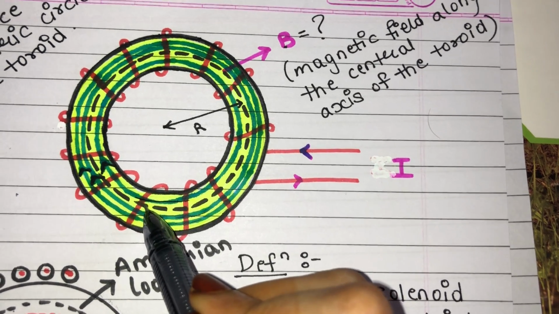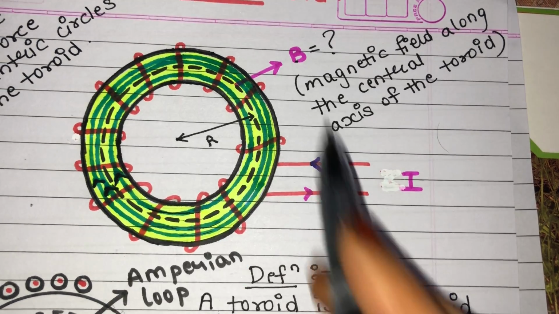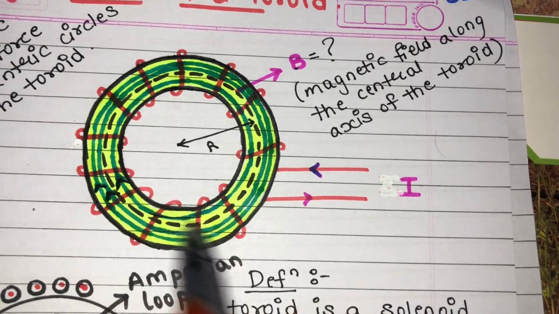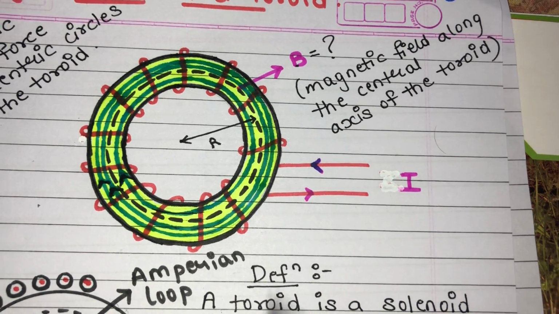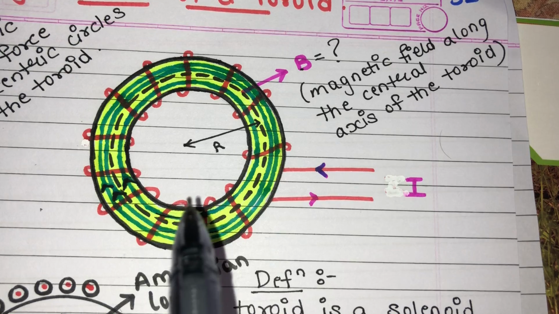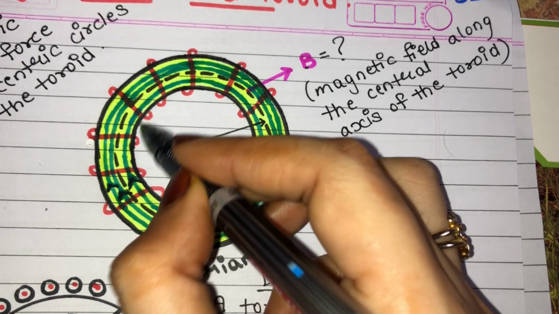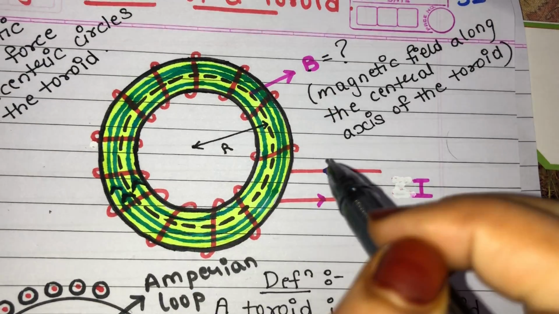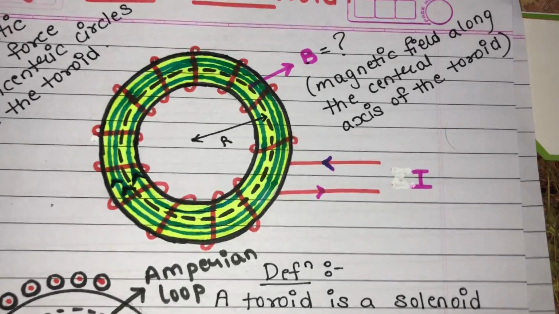All these circles, and also the axis of the toroid, are my magnetic lines. This is how the magnetic lines will be formed inside the toroid, and these will all be concentric circles. Concentric circles means the center remains the same for all the circles.